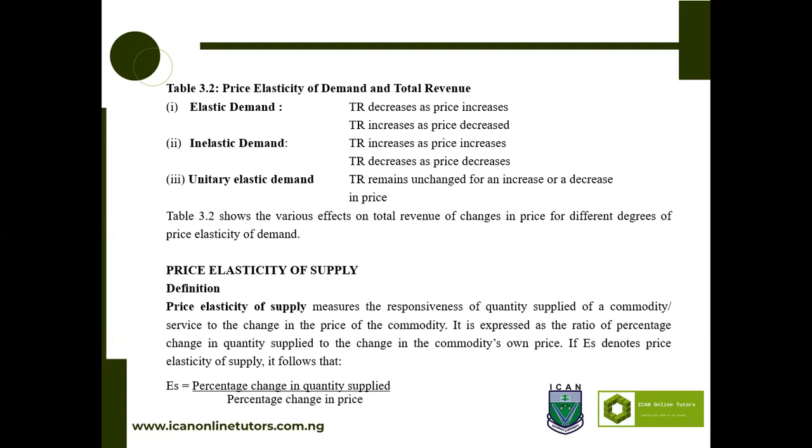So it is expressed as the ratio of the percentage change in quantity supplied to the change in the commodity's own price. If ES denotes price elasticity of supply, it follows that elasticity of supply will be determined as percentage change in quantity supplied divided by percentage change in price.